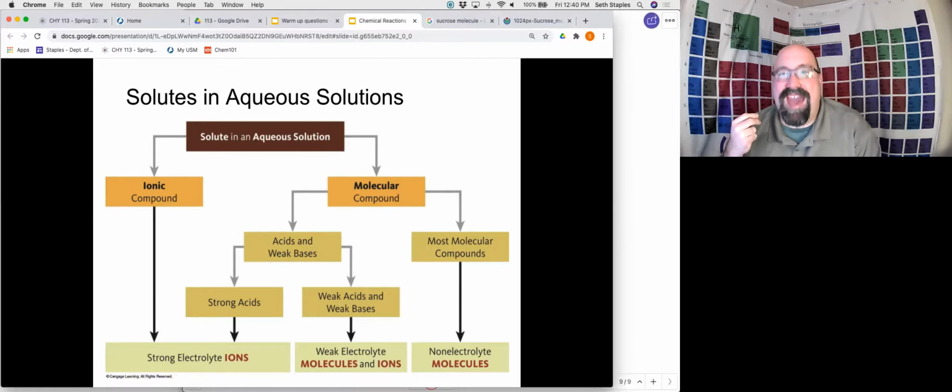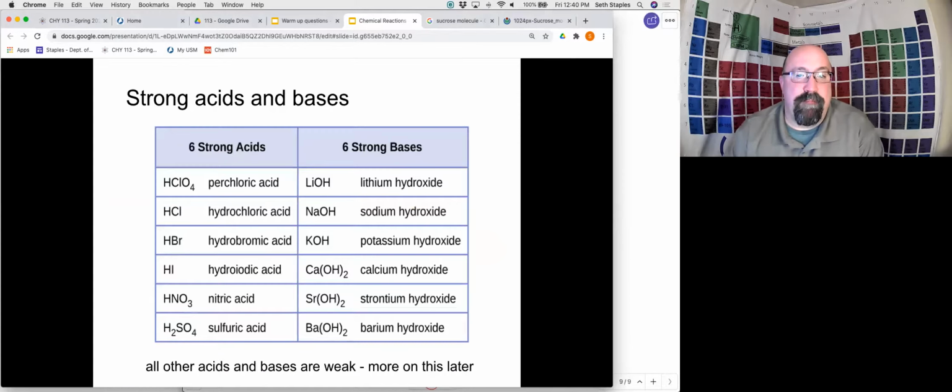So acids and bases in general, if it's a molecular compound and it's an acid or a base, will form electrolytes. The question is whether those electrolytes are going to be strong or weak. Strong acids and bases form strong electrolytes. Weak acids and bases form weak electrolytes. Later on, we are going to talk more in detail about acids and bases.